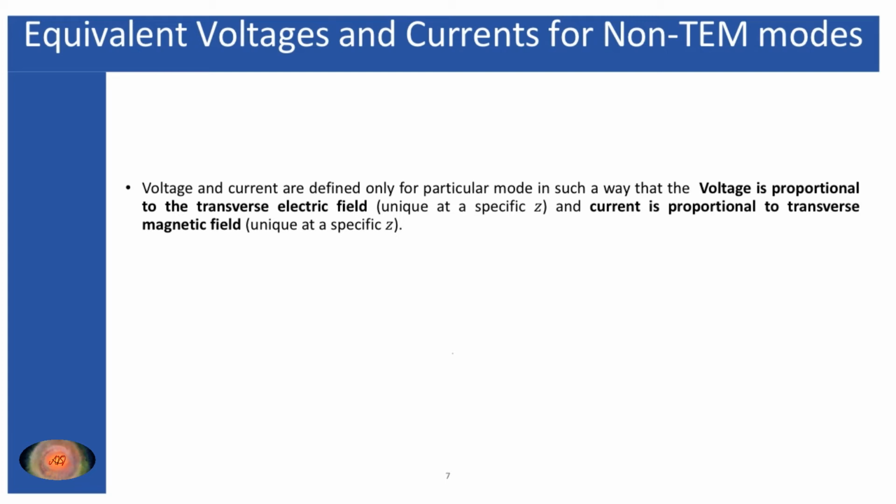So for a particular mode, the voltage is proportional to the transverse electric field and the current will be proportional to the transverse magnetic field. So that is our first consideration.